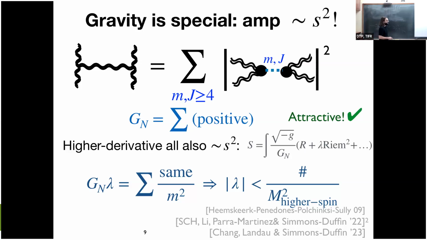Maybe I'm not understanding properly, but this higher derivative term also goes like S square? I thought the derivative of this converse, right, is S square. Yes, just fixed by the spin. But you could have things like Riemann 4 and so on. There's a piece that goes like S squared this way.